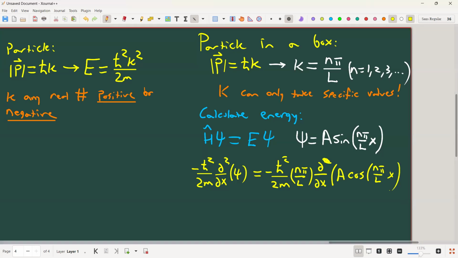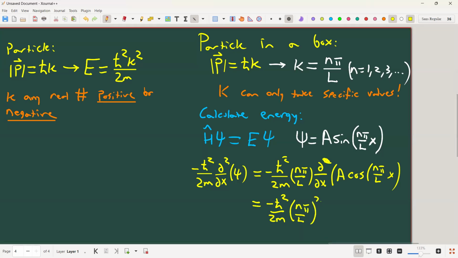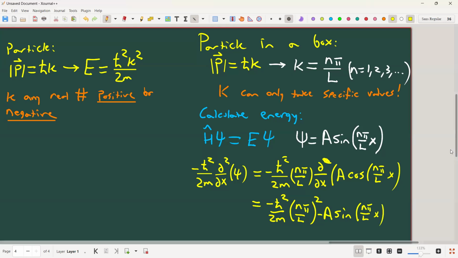All right, so I've done my first derivative. Let's take the second derivative. That's minus h bar squared over 2m, n pi over L squared, right? I bring another factor of n pi over L out from the derivative. And then I have a minus sign here, because the derivative of cosine is minus sine n pi over L times x.